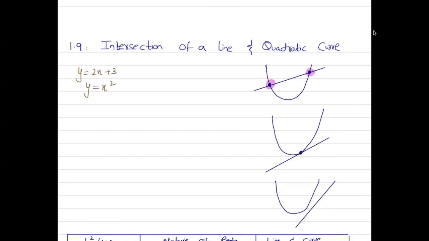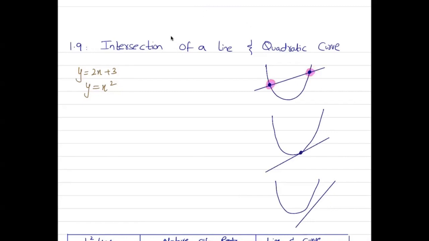How do I find the intersection point if the equation of a line and the curve are given to me? I have the equation of a line, I have the equation of a curve. My question is, if I ask you to find these intersection points, what are you going to do?